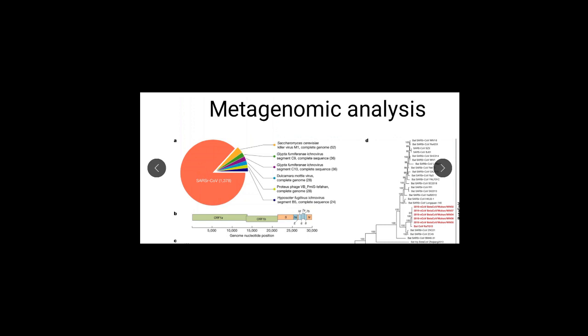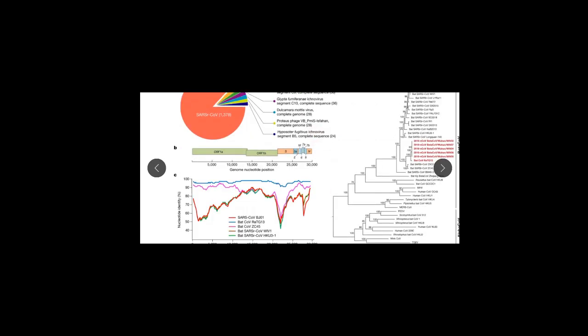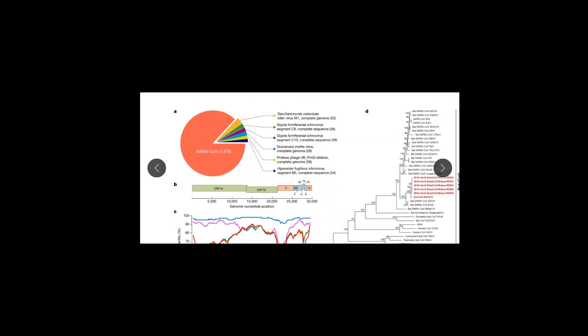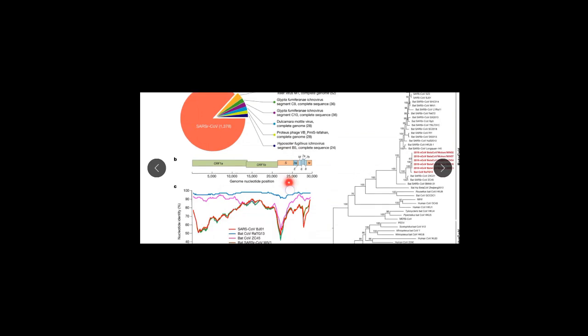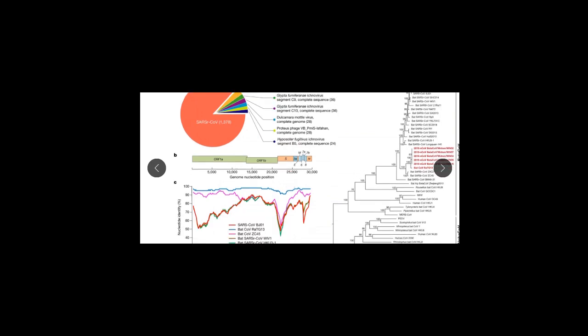So basically we came to know, yes, this is a novel coronavirus, and it has caused an outbreak. Basically it shows that more than 90% of the samples came positive for the SARS-CoV-2 genome.